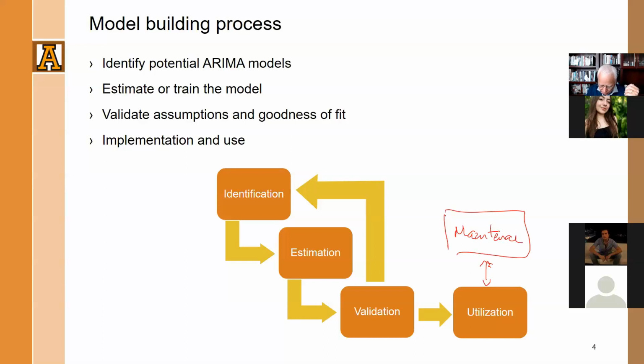Now, there are types of models that are used for streaming data that come as a stream. Those models are updated continuously, and the process changes a little bit, because with those models the validation is only periodic.